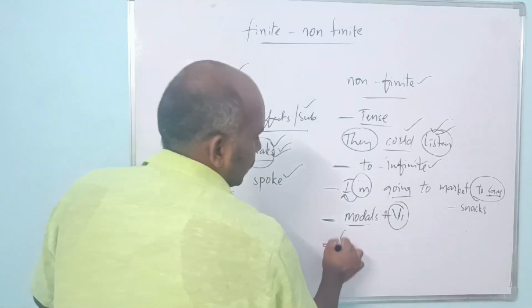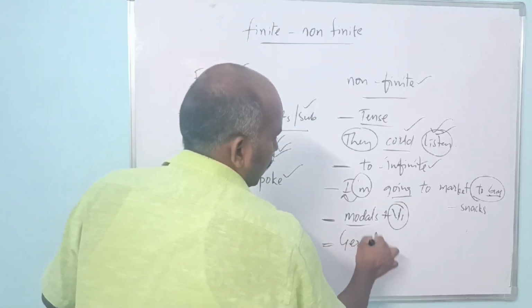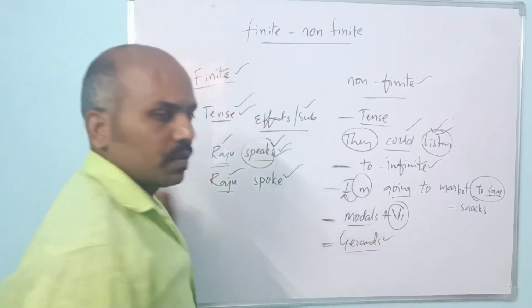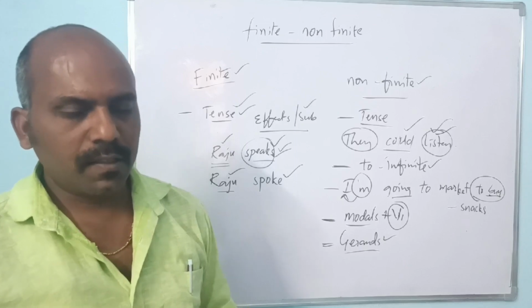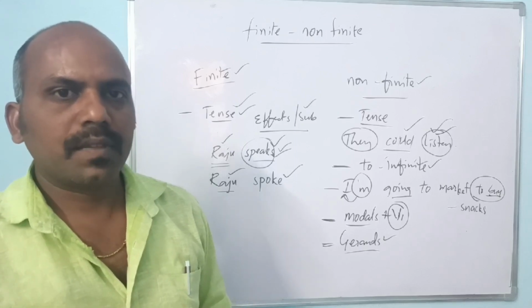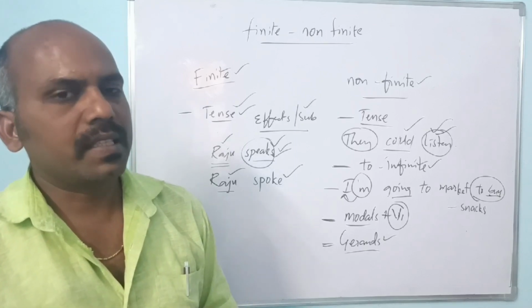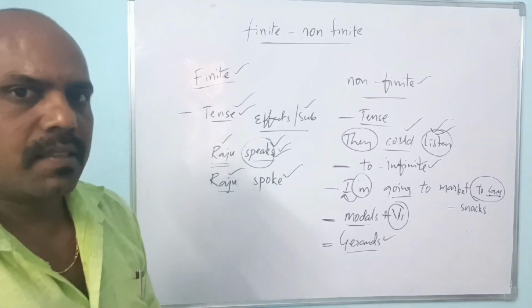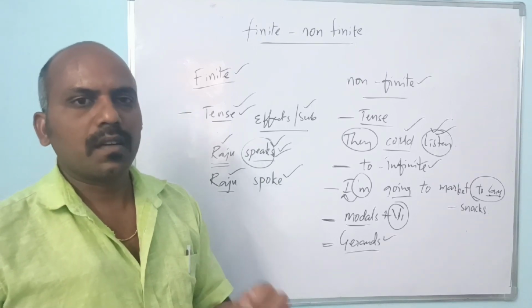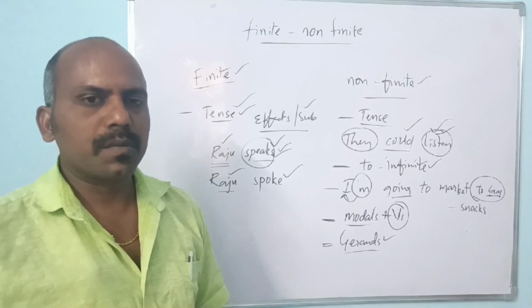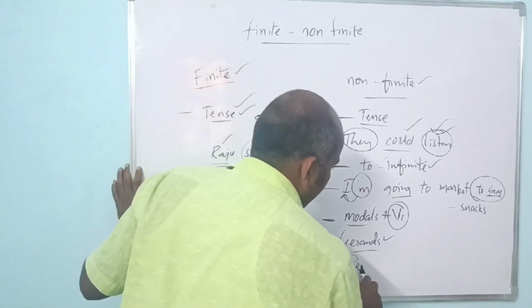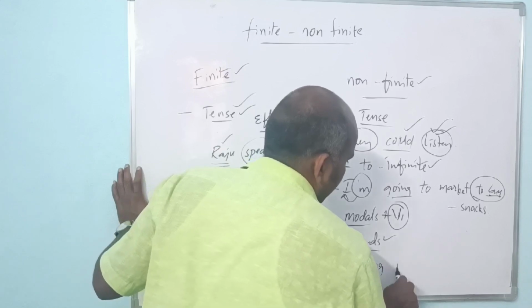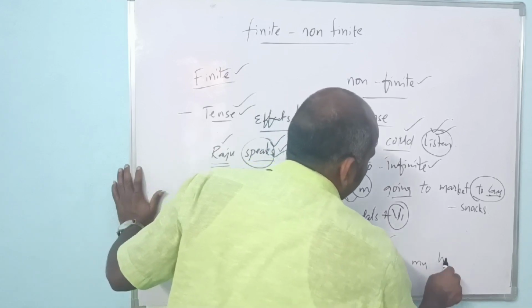And also gerunds. The verb form number 4, which we call the present participle or the ing form of a verb. If a sentence starts with a gerund or ing form, then that verb comes under non-finite. Suppose, reading is my hobby.